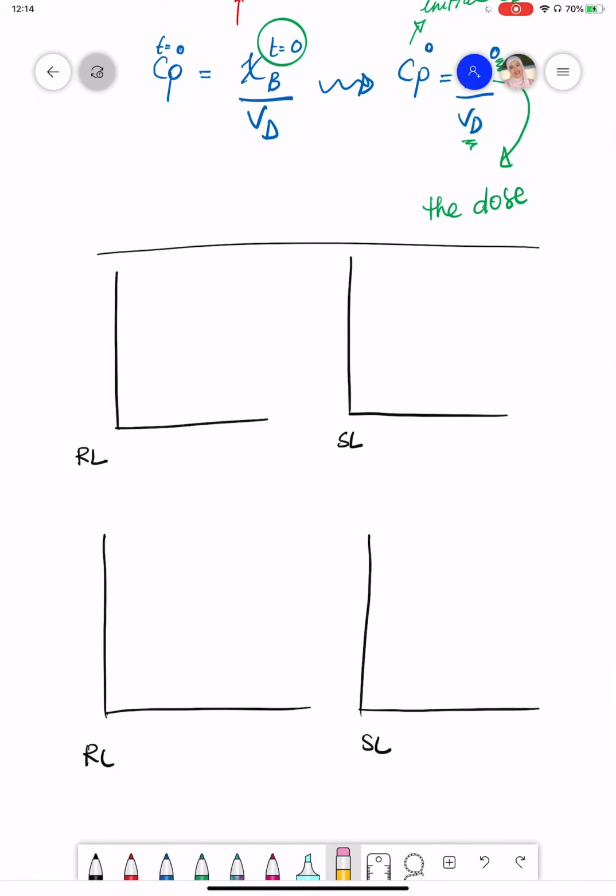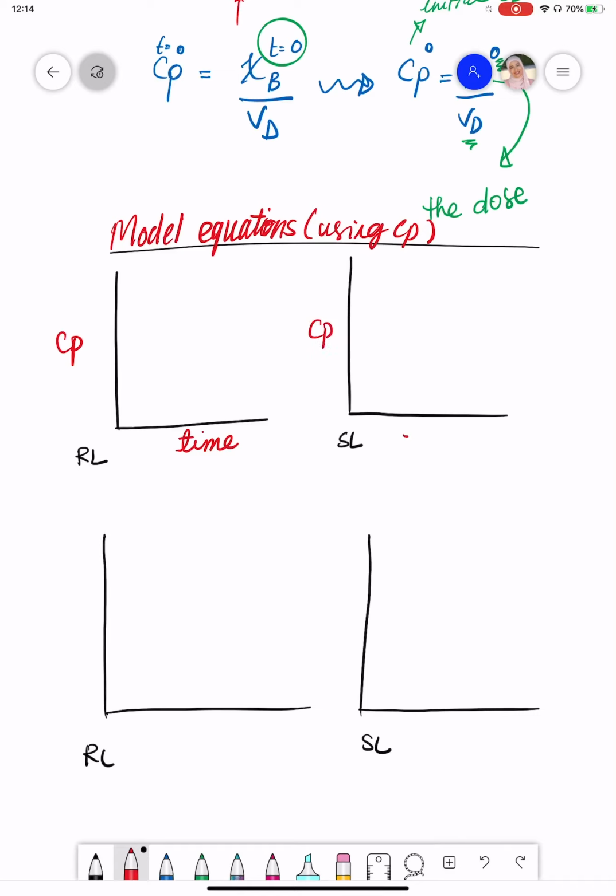So the model equations using concentration, okay? We will have concentration versus time, concentration versus time, log concentration versus time, and ln concentration versus time.